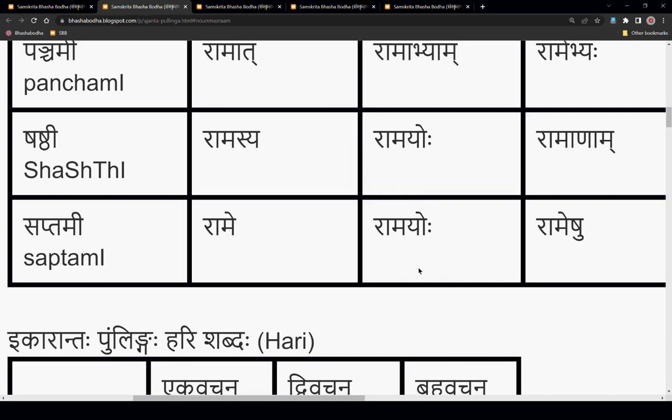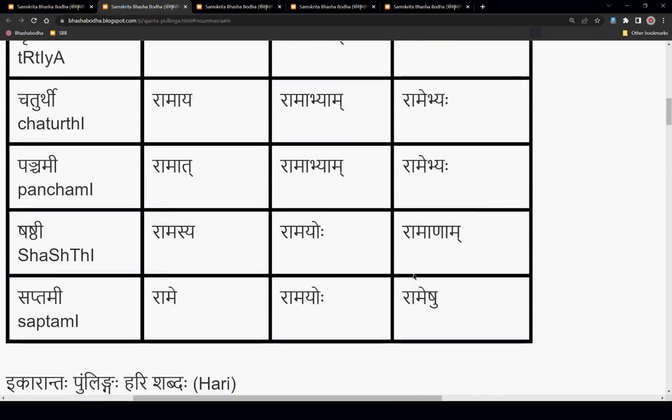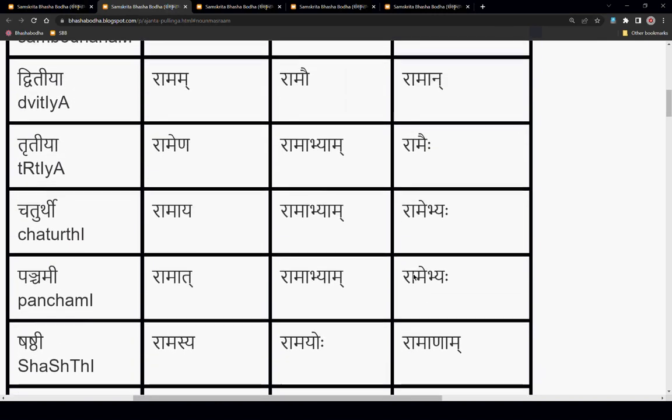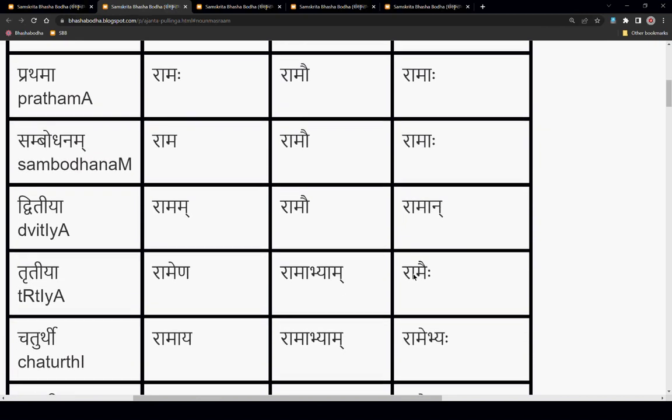It is always for these feet, hands, everything that has a pair, we just use this Dvivachana form. Dvivachanam. For example, let's take another example. Aham, I see the picture with 2 eyes.